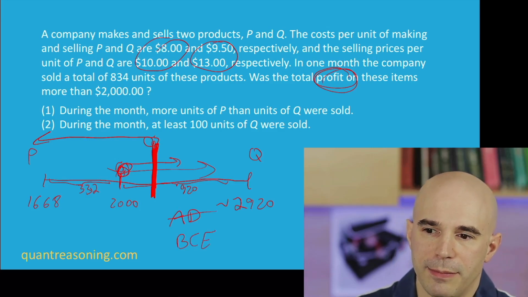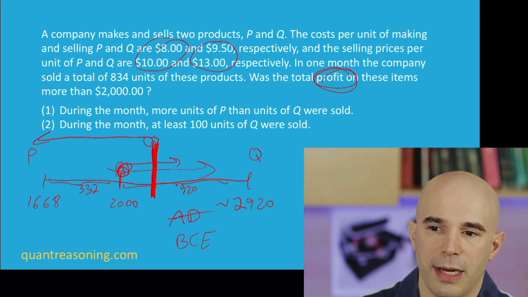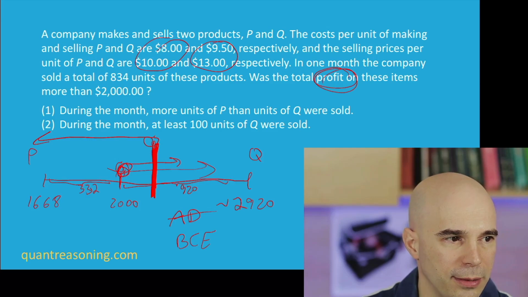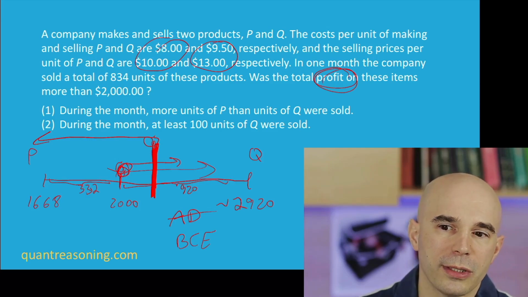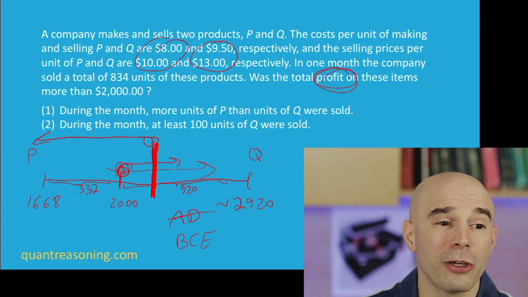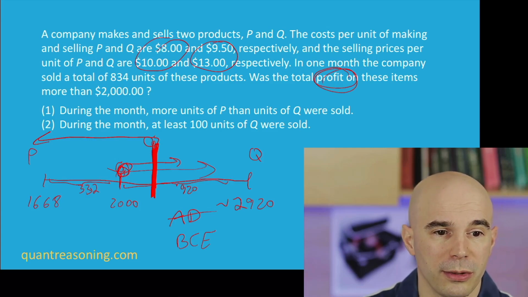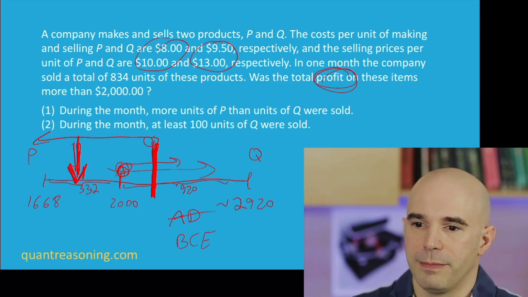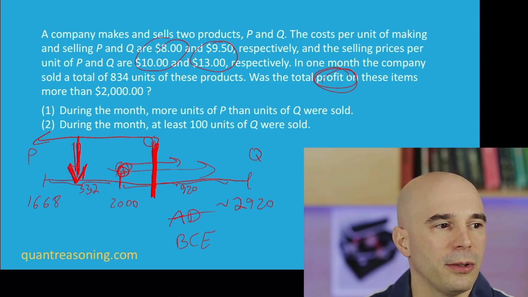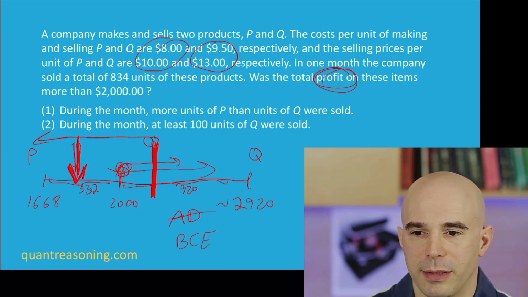The second statement, I would ask myself, well, where would we be on this number line if exactly 100 units of Q were sold? If exactly 100 units of Q were sold, that means 734 units of P were sold. So we'd be way closer to P than we are to Q. We'd be probably somewhere like here, like 7 times closer to P than we are to Q, approximately.